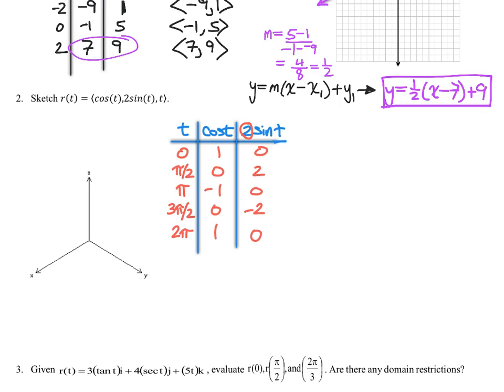So each one of these corresponds to a vector. The way the vector is distributed out, I mean distributed in terms of a distribution, not in terms of an operation, is the cosine comes first, then the sine, then the t.